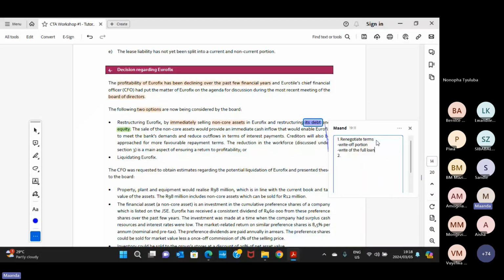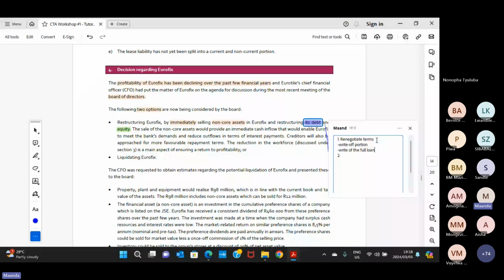Then I can say, guys, I owe you 10,000. I want us to negotiate to write off this loan, either the full loan or a portion of the loan, as part of restructuring this debt.